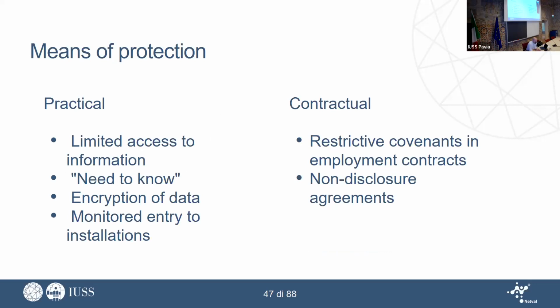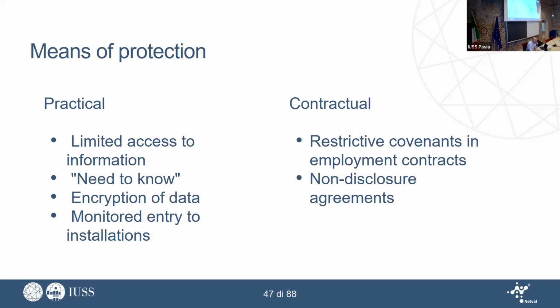The protection of trade secrets involves both practical arrangements to restrict access to knowledge, and also legal or contractual arrangements to ensure that those who have access to the secret or the confidential information do not share it with other parties. In many countries, there are employment agreements that include restrictions on the information the employees may not give to a competitor.